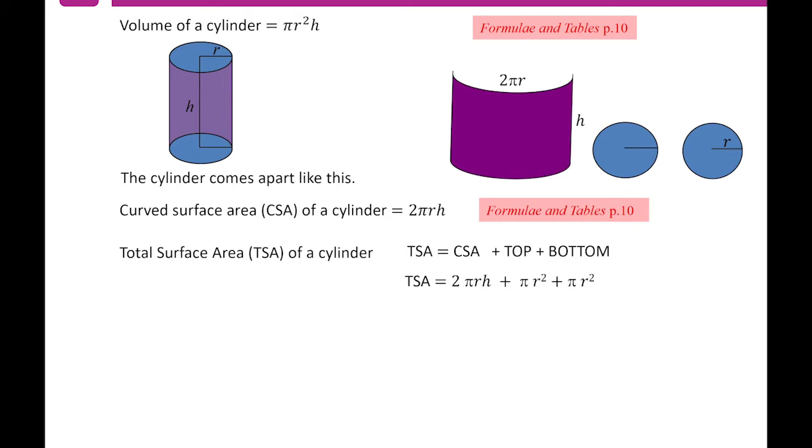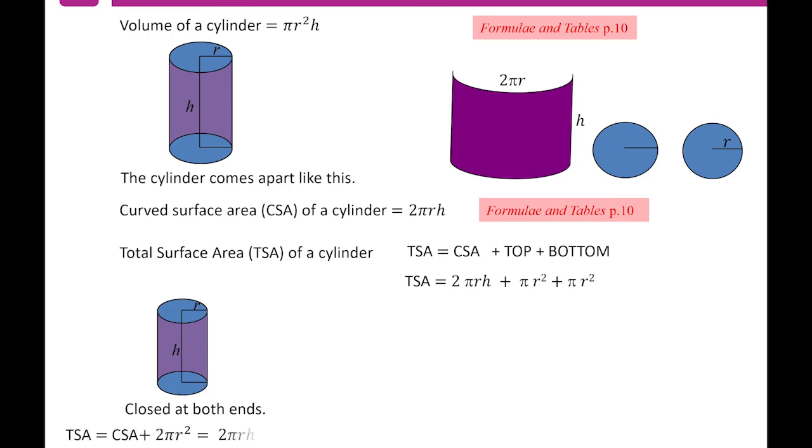This gives us 2 pi r h plus pi r squared plus pi r squared, the area of the circle at the top and the bottom. If your cylinder is closed at both ends, your curved surface area plus the area of the top and the bottom circles will give you your total surface area.